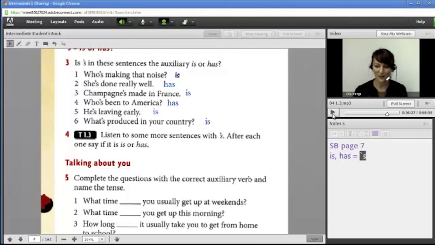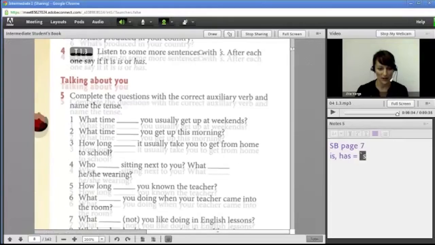That's right. You're good. 6. His company's called Intext Worldwide. His company is called. So, is. Well done, everybody. Good.